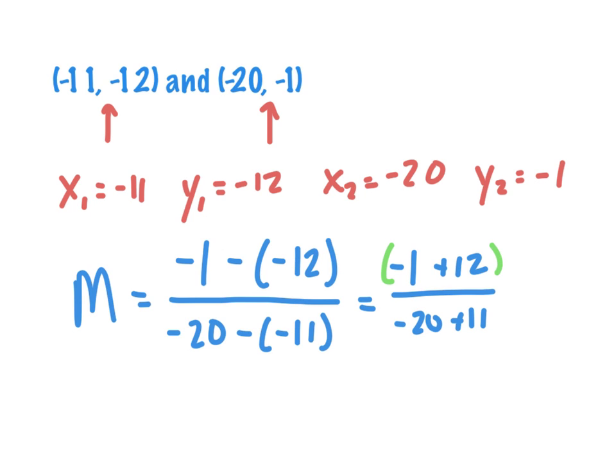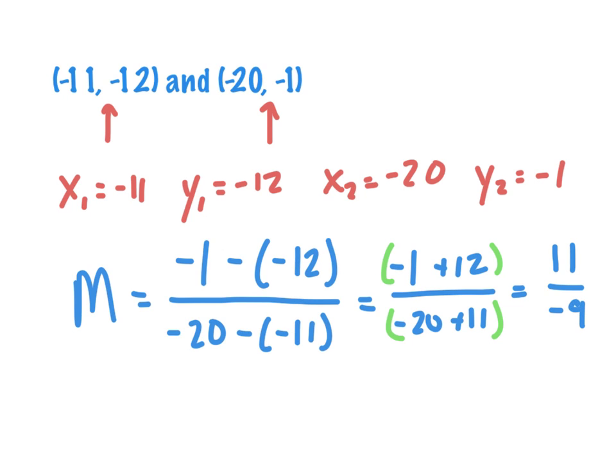We'll do the numerator calculation, which is the rise, and the denominator calculation, which is the run, and we'll see what our slope is. So after a little quick thinking, I come up with 11. Negative 1 plus 12 is 11 for the rise. And the run looks like it's going to be negative 9.